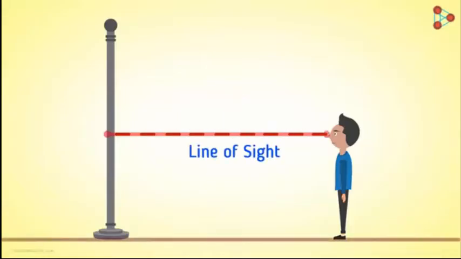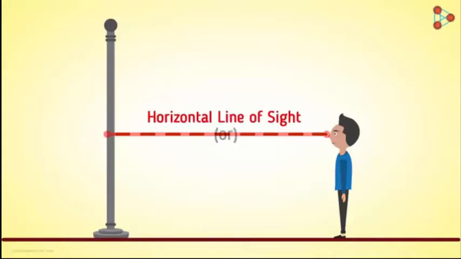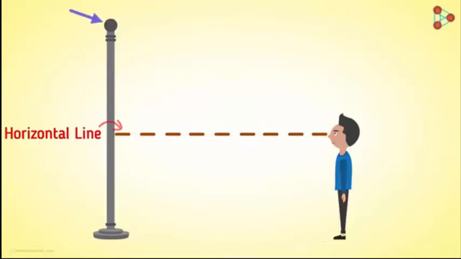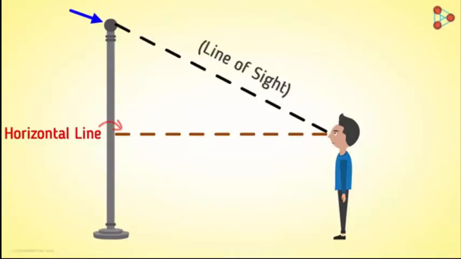Since this line is parallel to the surface, we call it the horizontal line of sight, or simply a horizontal line. Now, if the person is looking at the top of the pole, the line drawn from the eye to the top of the pole will be the line of sight. We see that this line of sight makes some angle with this horizontal line.